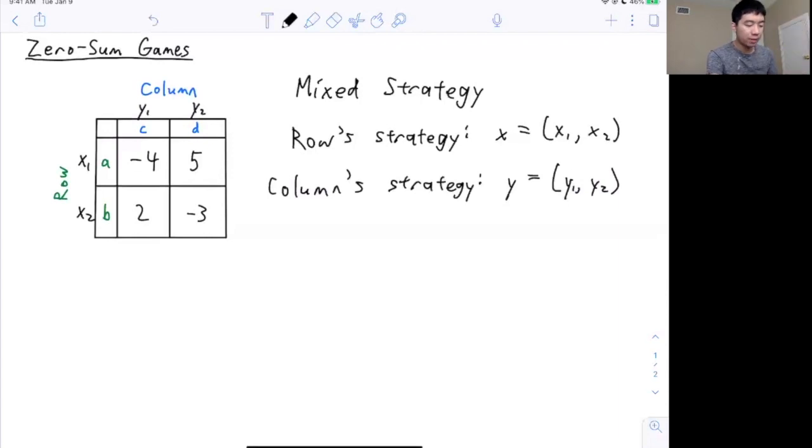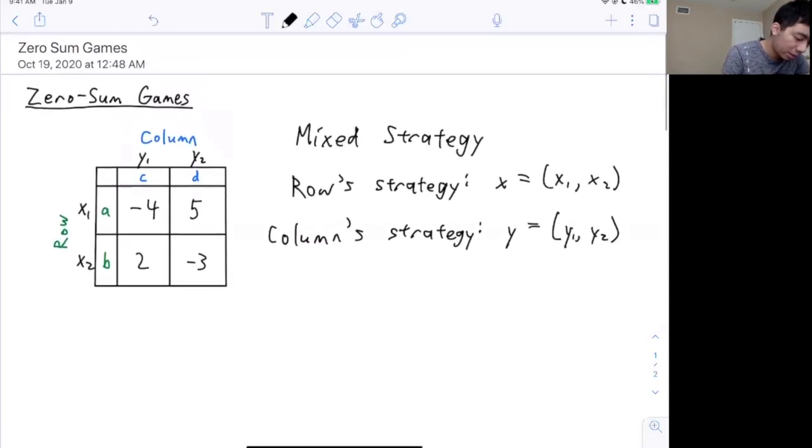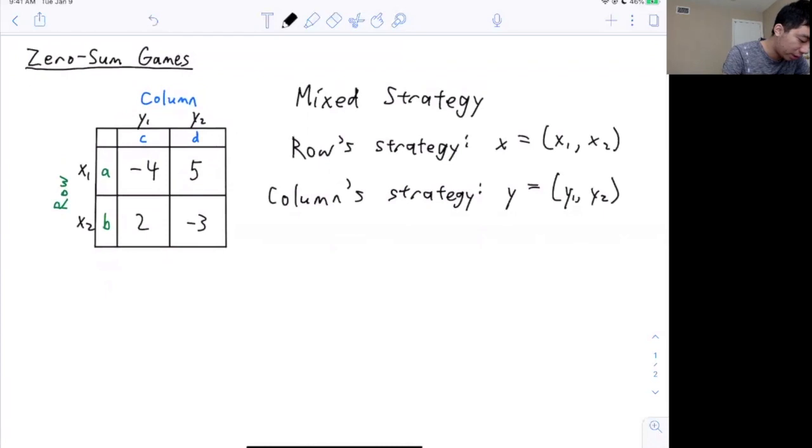You can think of this as if you were playing this game many times in a row, then you wouldn't want to pick the same action each time. You're going to want to have some aspect of randomness in your strategy. So this would be how you decide what you want your probabilities of choosing each action to be.